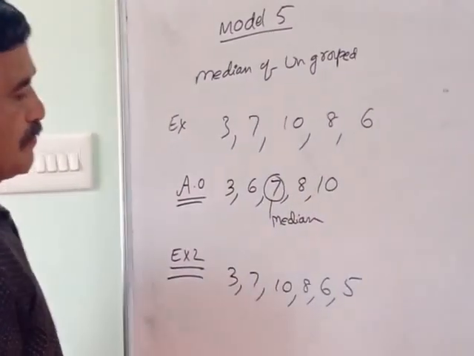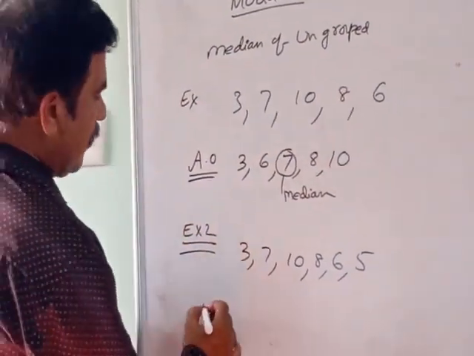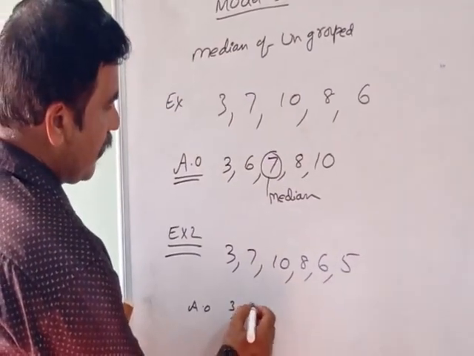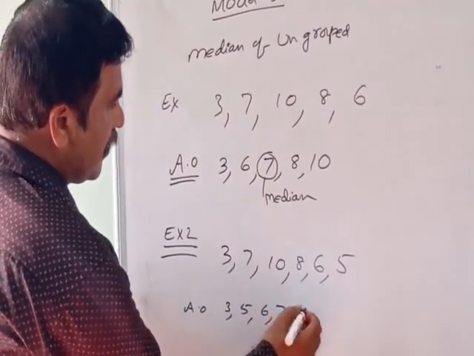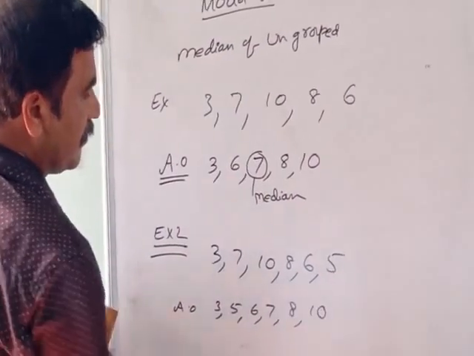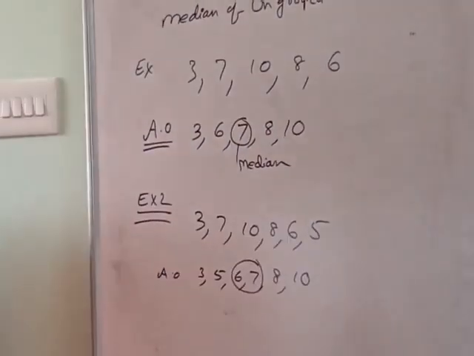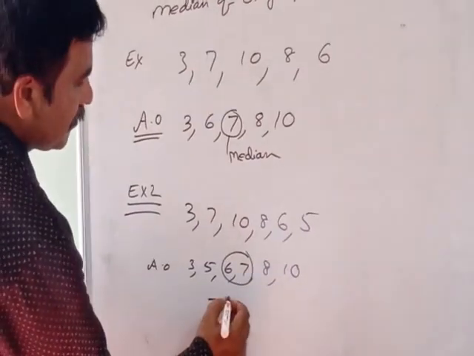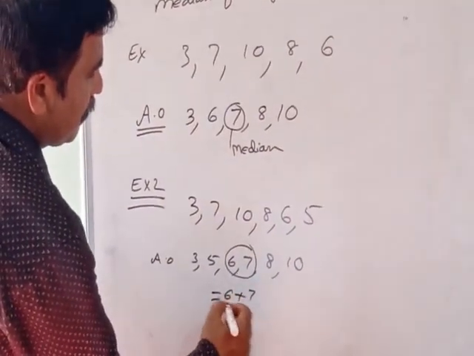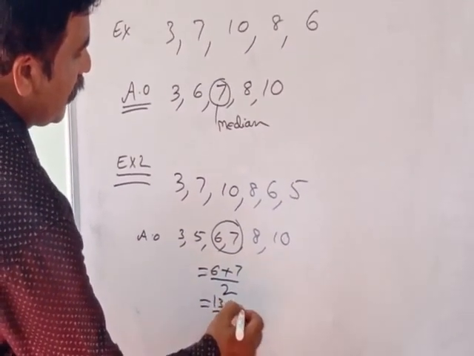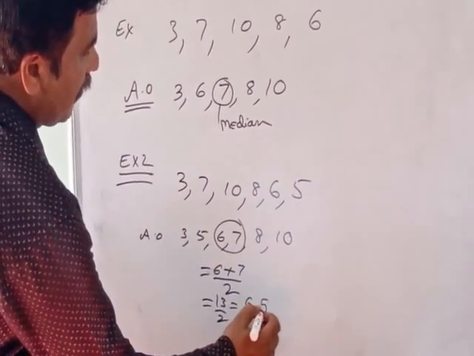Arrange them in ascending order first: 3, 5, 6, 7, 8, 10. There are 2 middle values, 6 and 7. Average them: 6 plus 7 by 2, that is 13 by 2, which is 6.5.